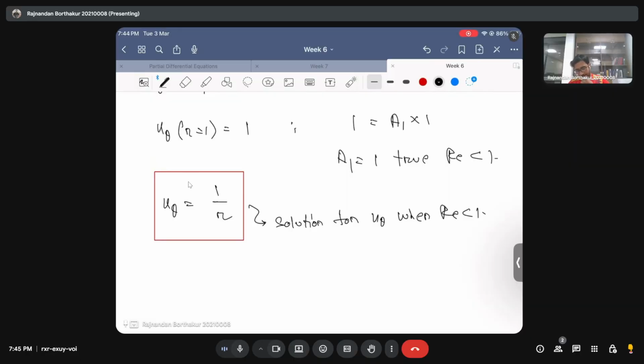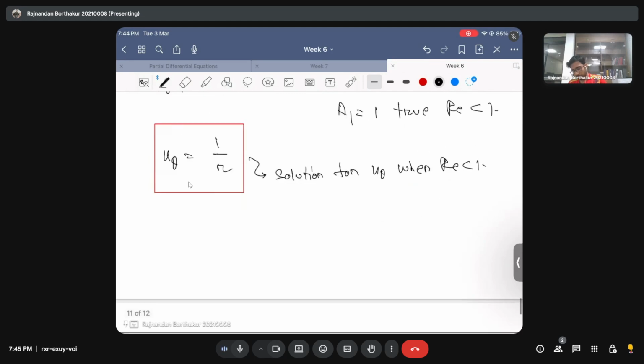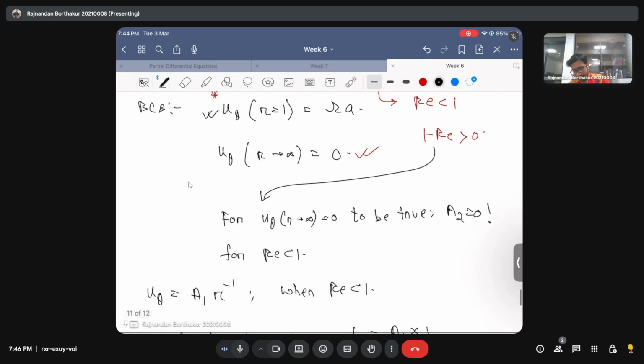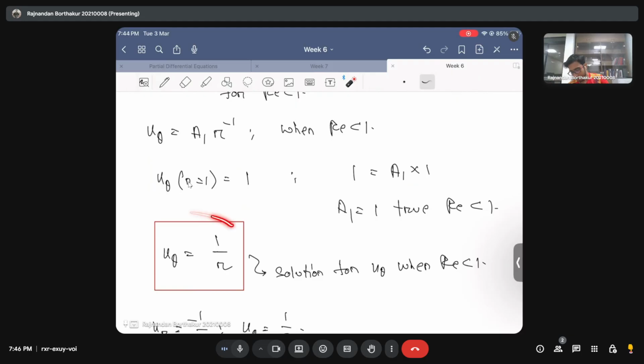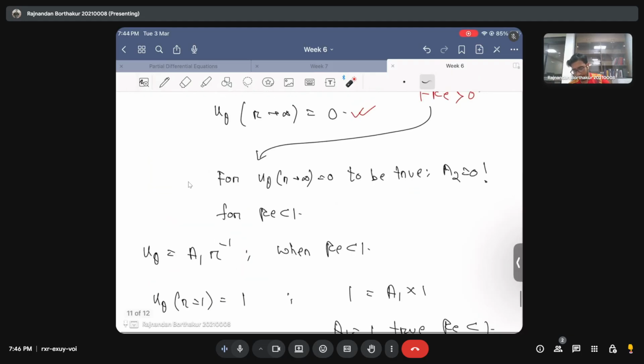So I think this is fine. Now you have both the velocities. We have ur and we also have u theta. For instance, ur is equal to minus 1 by r, and u theta is going to be equal to 1 by r. But realize that this form of u theta is only possible when your Reynolds number is less than 1.